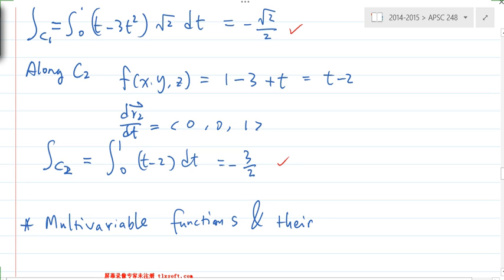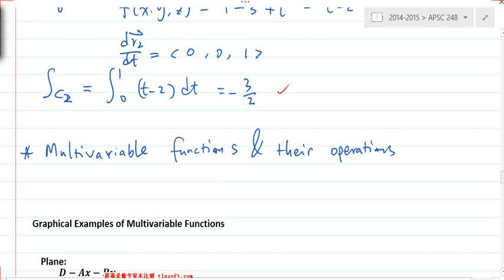Just like vector function operation, meaning how do we carry out the derivative? How do we calculate integrals? What is the meaning behind the derivative? Things like that. So multivariable functions and then their operations.